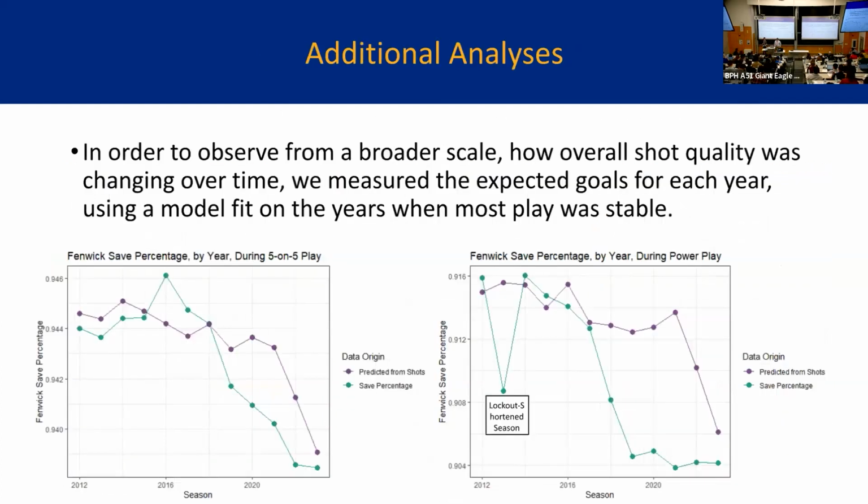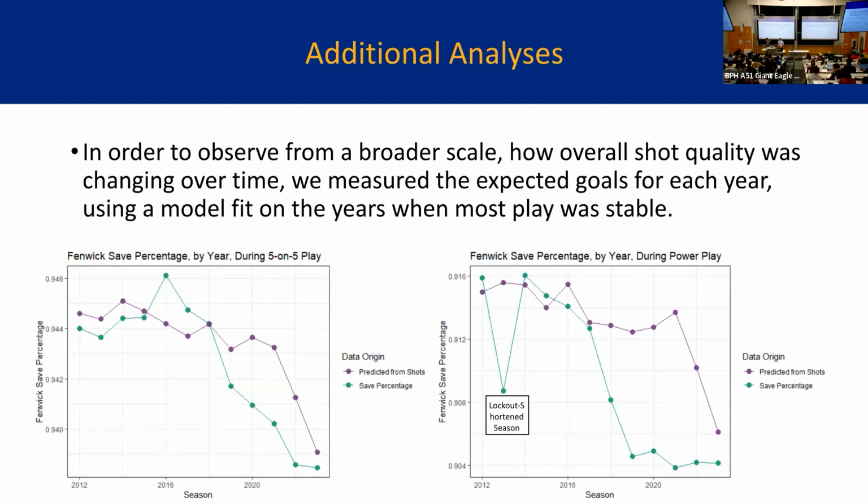So for our next step, we built a model based on our stable years from 2016 and prior, and wanted to use that to predict, based on the shots that were taken in the years during the decline, how just the shot types, location, preceding events, etc., would affect the save percentage.